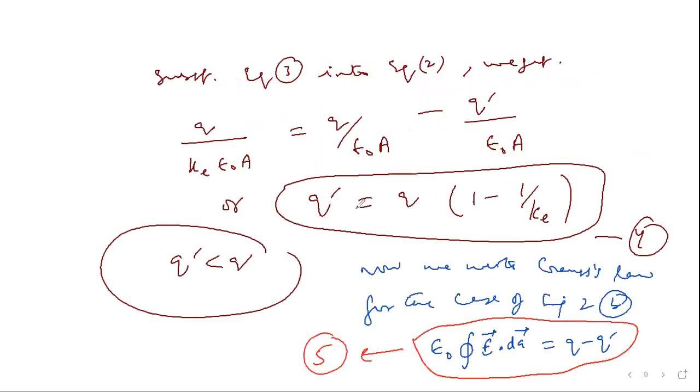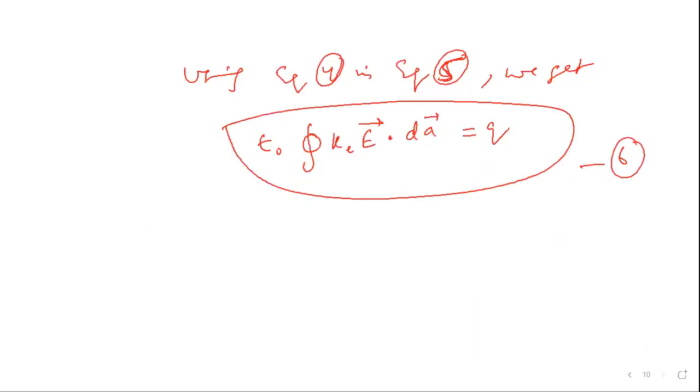I have taken this Q prime value as Q times 1 minus 1 by K, substituted here. Then when you simplify, you get this equation 6.